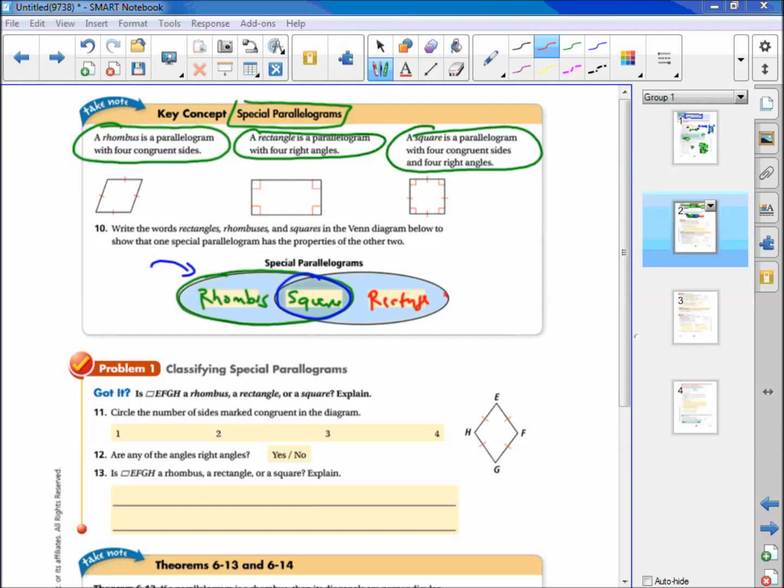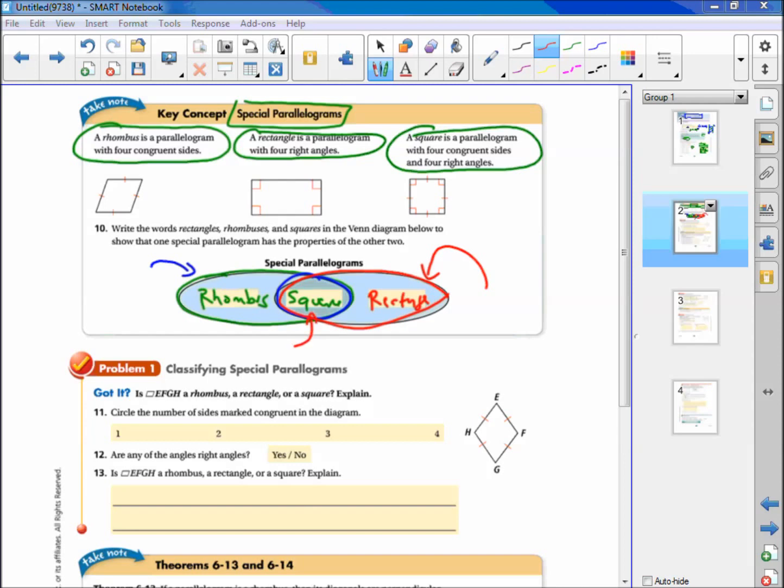Now the other way, we can put rectangle over here. The rectangle circle goes like this. Notice the blue circle is also inside of the rectangle circle, and that's because every square is a rectangle, but there are some rectangles out here that aren't squares. The ones in the middle in this blue circle are squares.